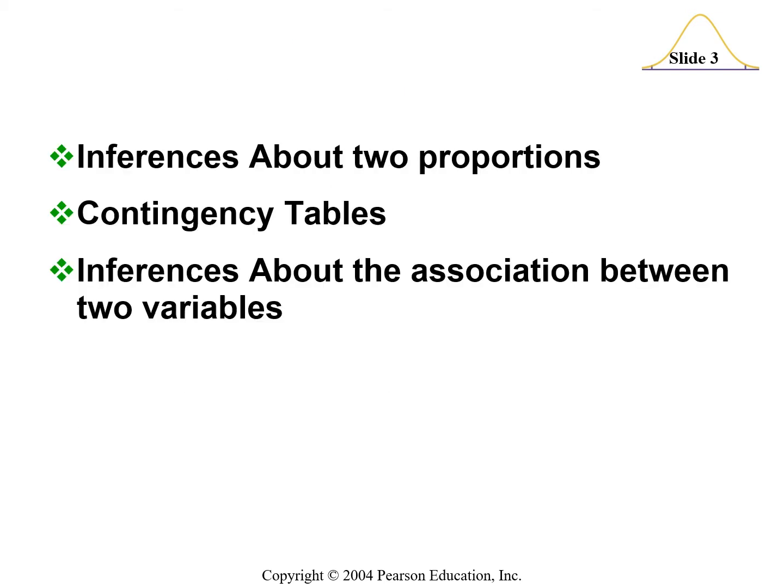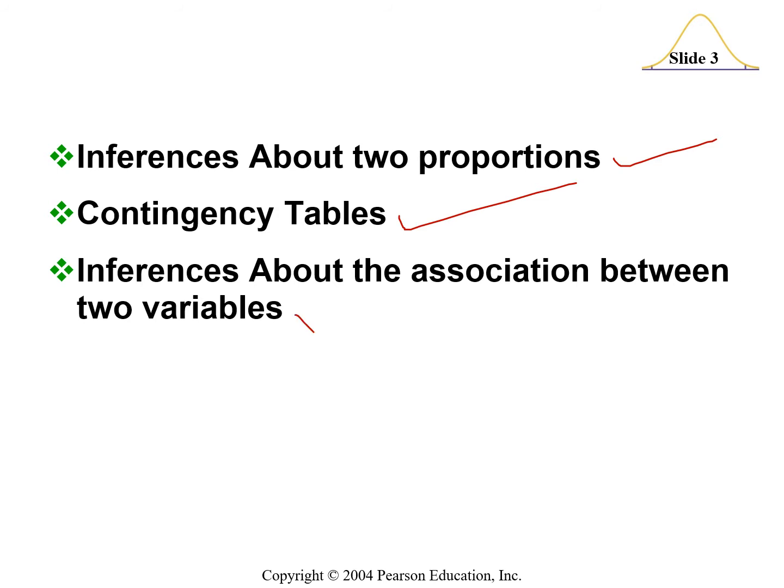The focus in this lecture will be on 3 points. Point 1 is inferences about two population proportions. Number 2, contingency tables, the concept and the idea of analyzing contingency tables.